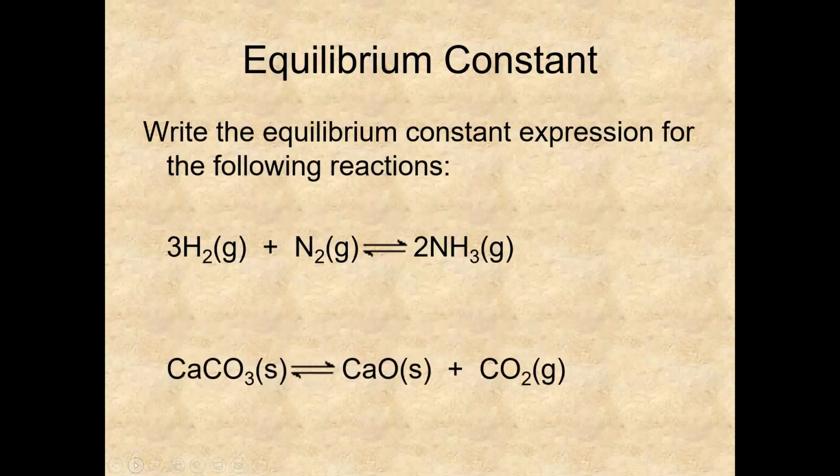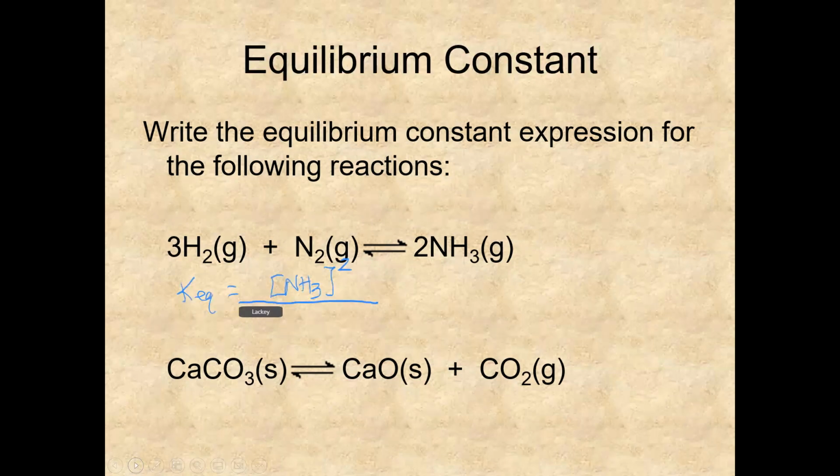So let's look at these and write the equilibrium constant expression for the following. For the first reaction, we have hydrogen and nitrogen producing ammonia. We said that our products have to go on top. So on top, our product is the ammonia, NH3. It does have a coefficient of 2, so this has to be squared. That should go over our reactants.